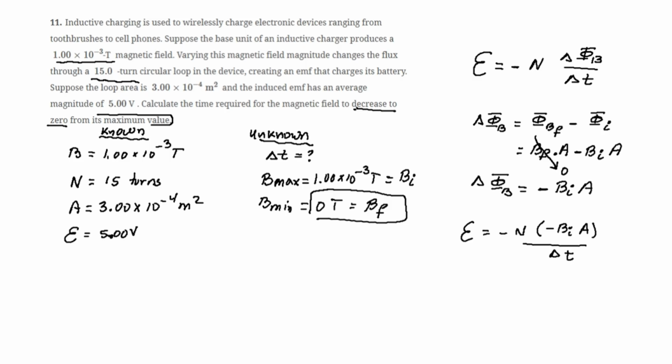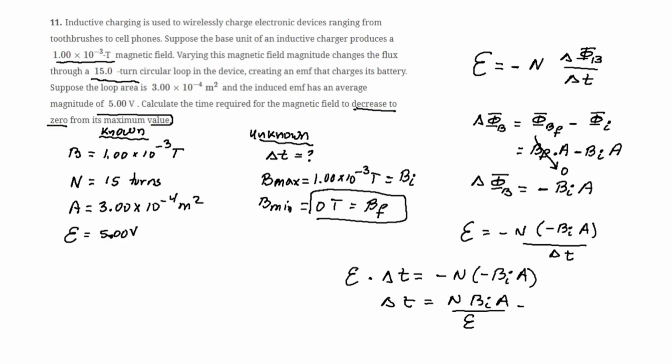What I want to calculate is delta t. Solving for delta t: E times delta t is minus N times minus B initial times A. Negative times negative is positive, so delta t is N B initial A over the induced electromotive force.